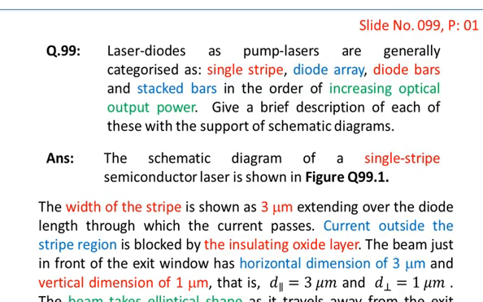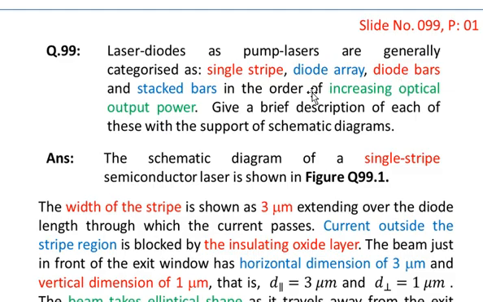I have described first the single strip diode laser, and then the diode array, which was based on single strips, and then the diode bars, which were based on diode arrays, and then the stacked bars, which were based on diode bars.